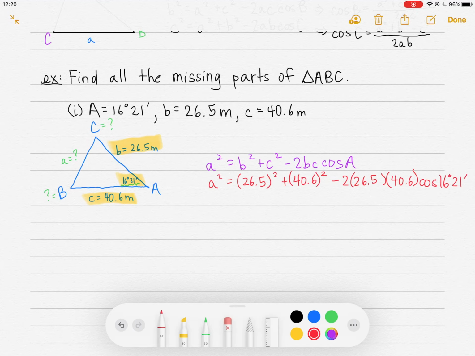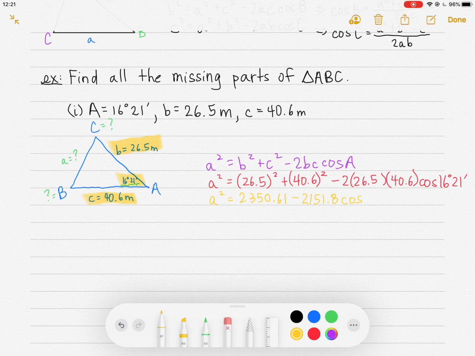So 26.5 squared plus 40.6 squared, according to my calculator, is 2350.61, minus 2 times 26.5 times 40.6, again, according to my calculator, is 2151.8.